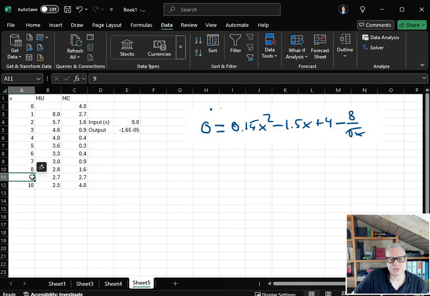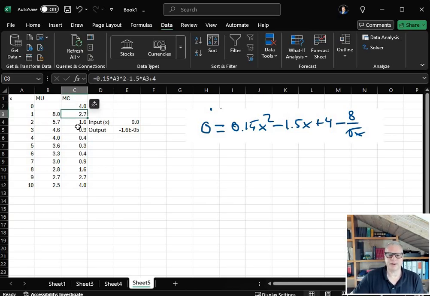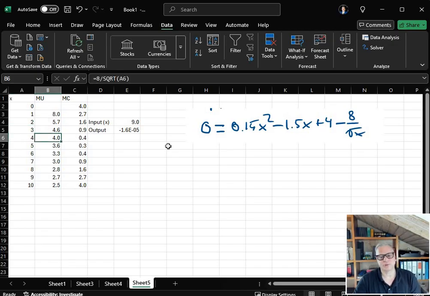But before you reach 9, let's say 1, if you consume 1, you get an extra utility of 8, but you have to pay only 2.7 for it. Then you have a second one. You get another utility of 5.7 extra, but you have to pay only 1.6. So you get net utility. Then you think, shall I have a third one? You get another utility of 4.6, but you have to pay only 0.9. And then you have a fourth one, you get an extra utility of 4, and you have to pay only 0.4.